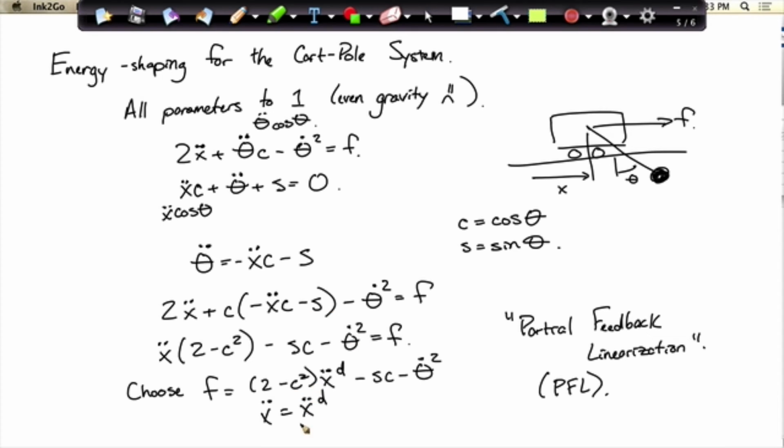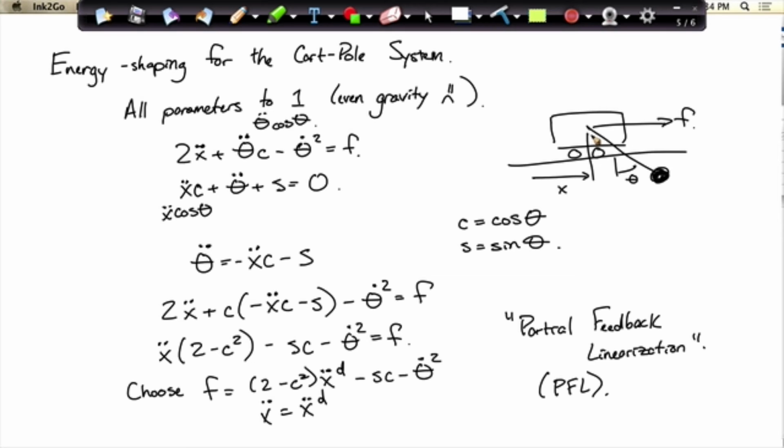So first of all, is it surprising that we can do this? It's really not surprising at all that I can take the force on my cart. If I have a force on my cart and I want the cart to move through some trajectory, and I've got this annoying pendulum flapping around, but I have a model of the pendulum, then what I'm doing here is calculating the expected contribution of force, the coupling terms from the pendulum, and applying an extra force to cancel those out, and then I'm just making my cart do what I want on top.